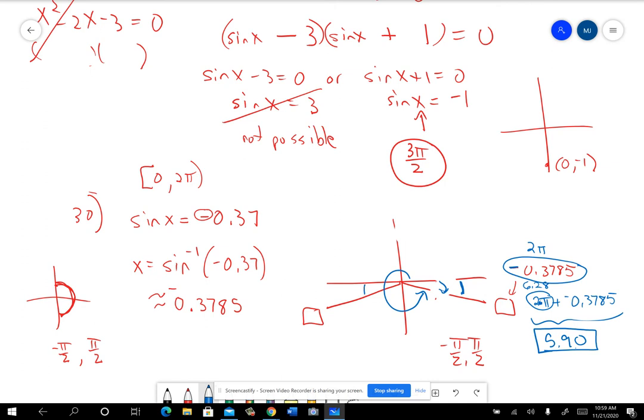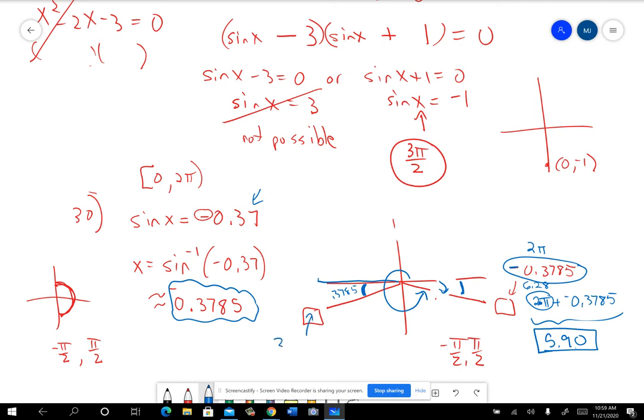And then over here, this right here amounts to 0.3785, and it's not this. That's not correct thinking. It's what we got when we did the inverse sine of that. And see how that amount would be past pi? So for that one, take pi on your calculator and add to it the 0.3785, and that gives you this one.